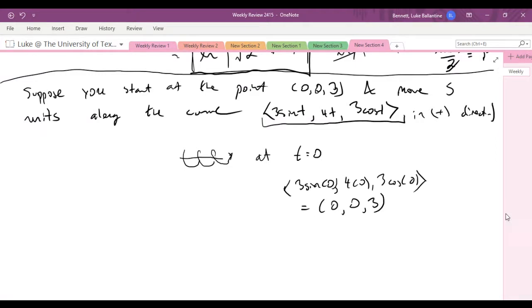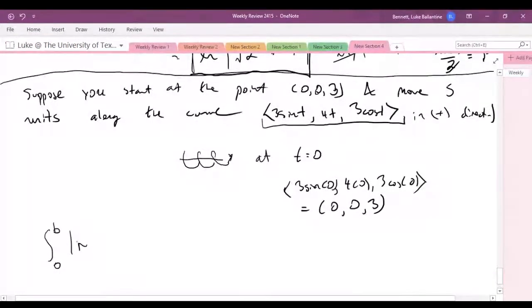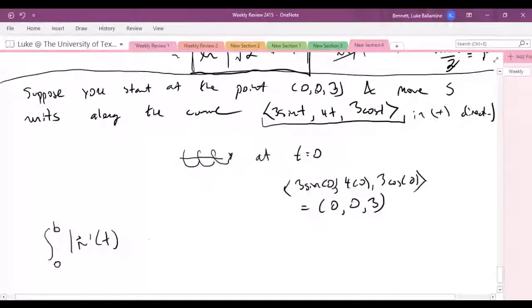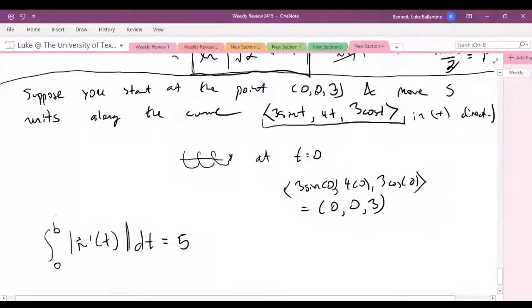So if we move 5 units along the curve in the positive direction, and it's asking us where we are now, we're really looking for a t value. So we're going to integrate from 0, because that's the starting point, to b. We're going to use our arc length formula because we're traveling along the curve. We set it equal to 5 because that's the distance we want to go. And then we just solve for b.